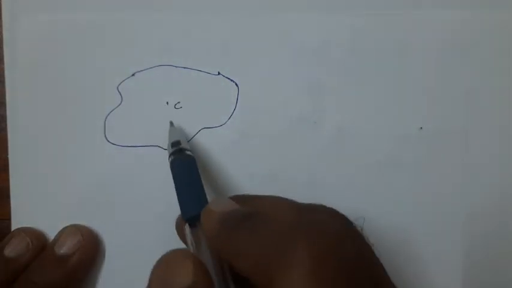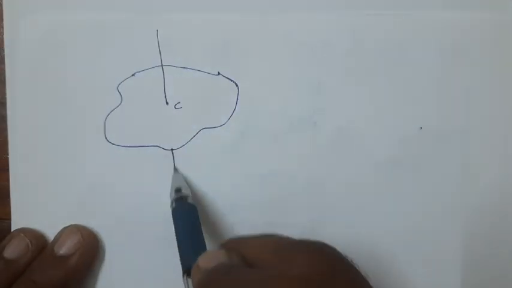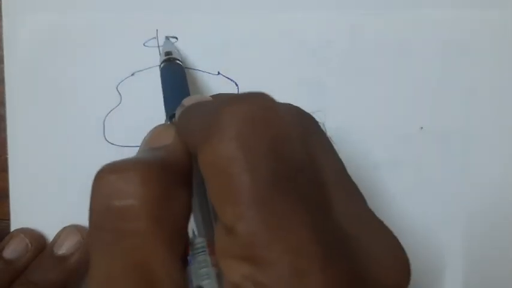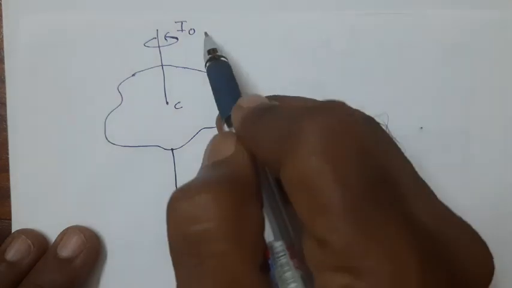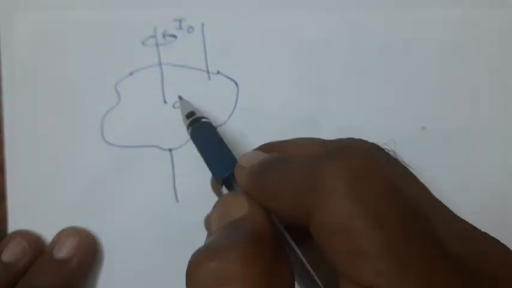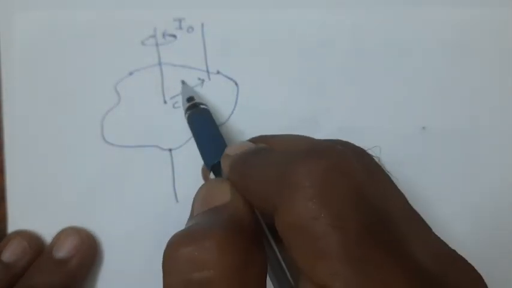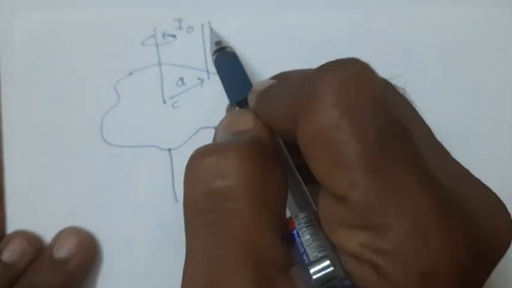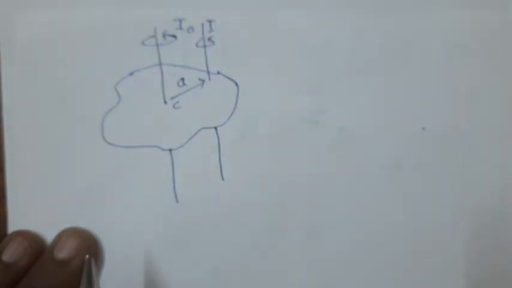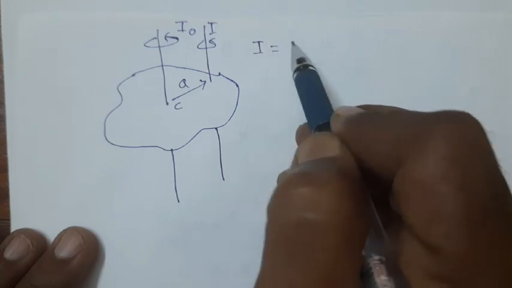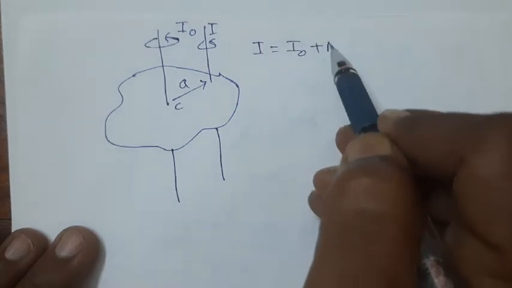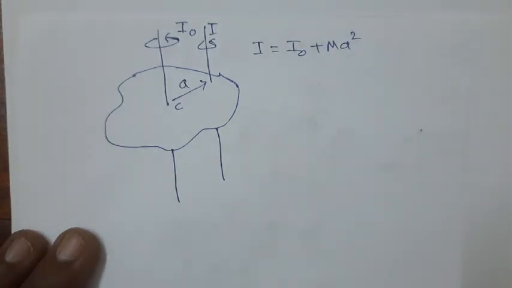If C is the center of mass and this is the axis passing through the center of mass about which the moment of inertia is I0. And if I think about one more axis which is parallel to this axis at a distance A, then the moment of inertia about this new axis I can be given by I is equal to I0 plus ma square, where m is the mass of that object.